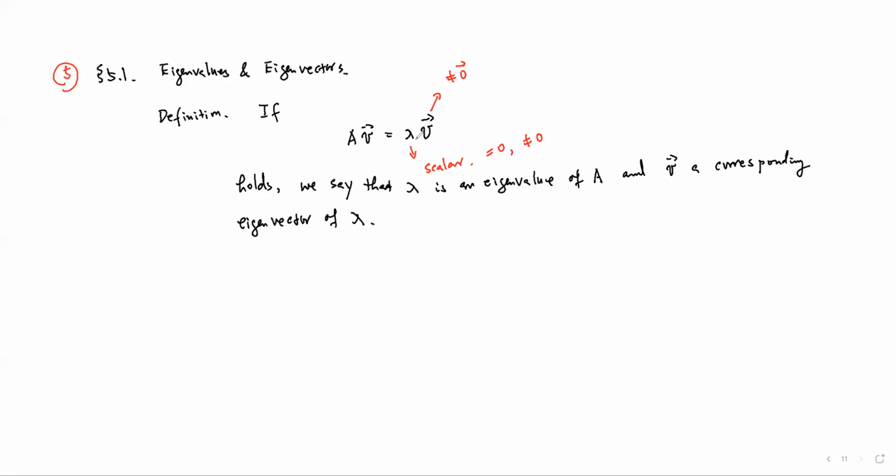Okay, this is the definition. Whenever this equation is true, then V is the eigenvector and lambda is the eigenvalue.